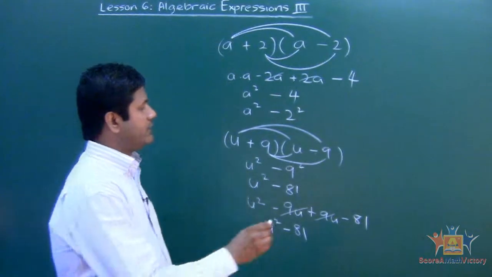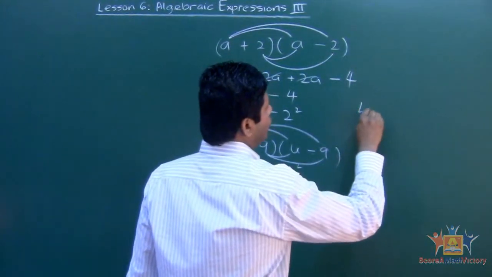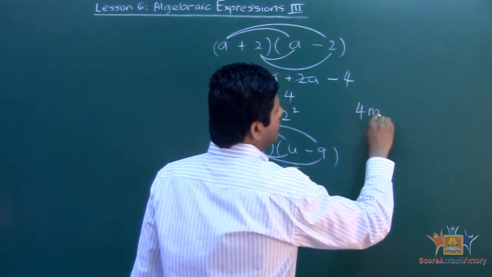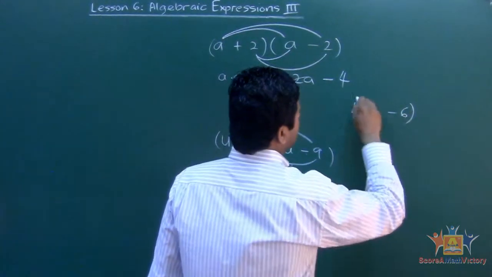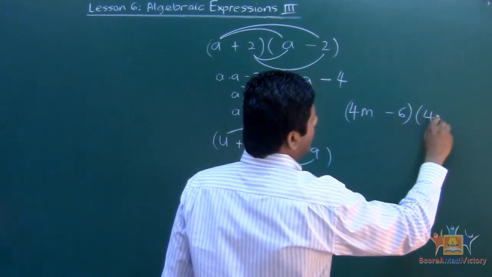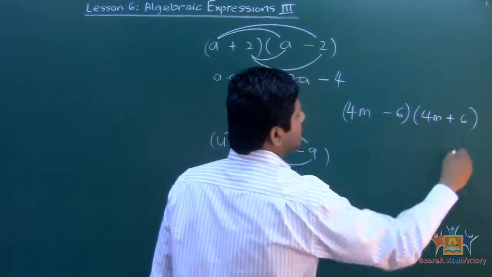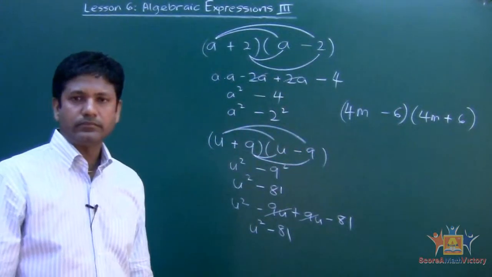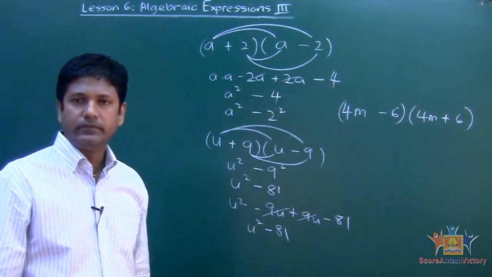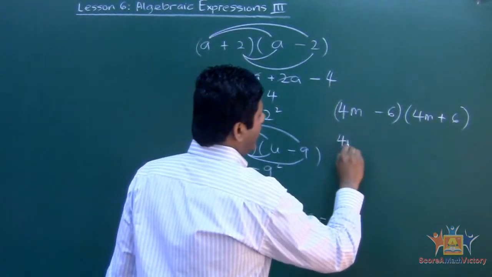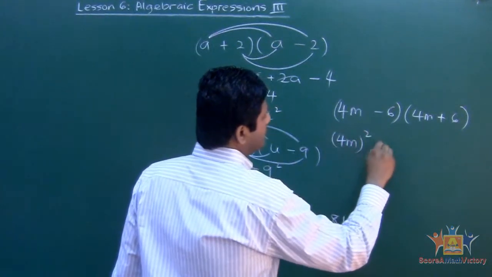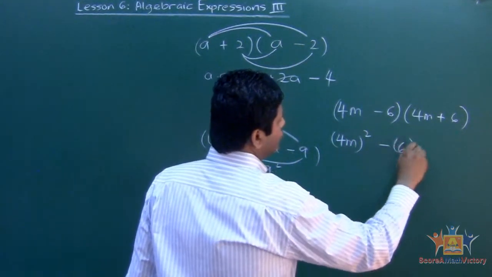Alright? So let's say for example, if I give you (4m - 6)(4m + 6). So what would that be? Exactly. You square this, 4m, you square that, minus 6, you square that.